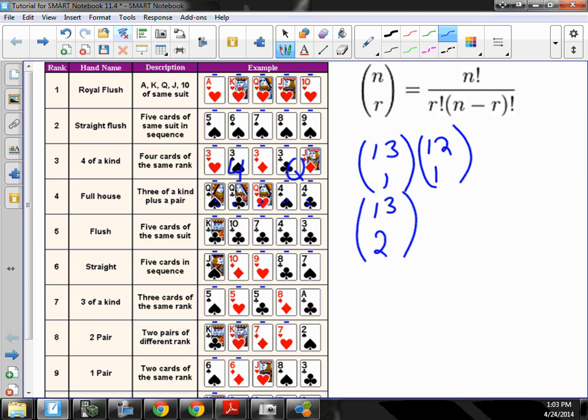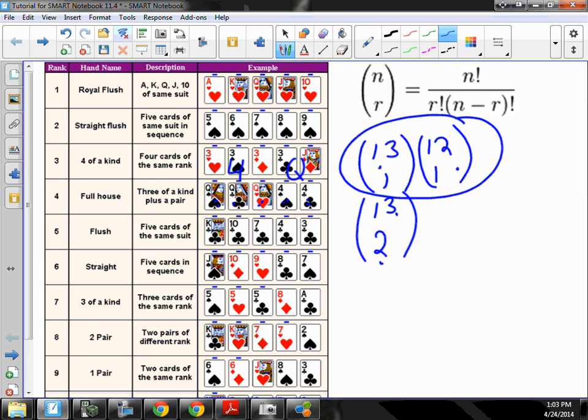So either I pick my first number from 13 choices, and I pick my second number from 12 choices, or I pick both numbers from 13 choices, and that's different. Which one is it? Well, does switching change? Yes, so we do it the long way.